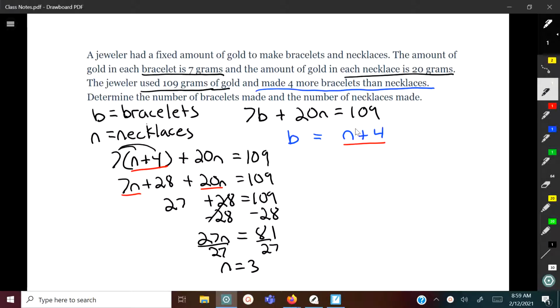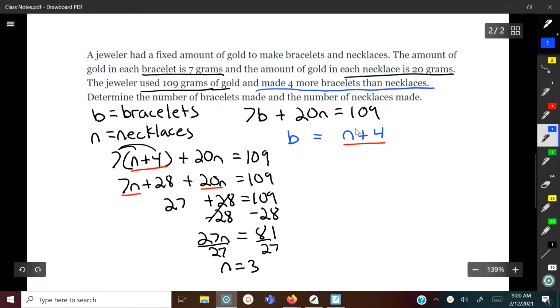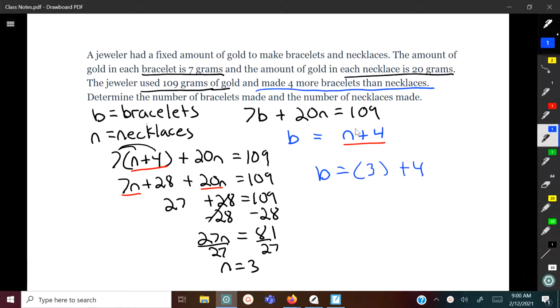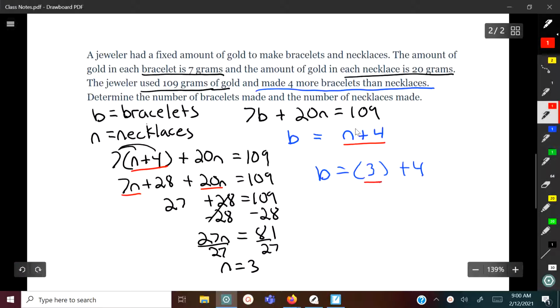So we know how many necklaces there are. All we got to do is plug that in now. So we have B is equal to the necklace, which is 3, plus 4. So we plug this in here.